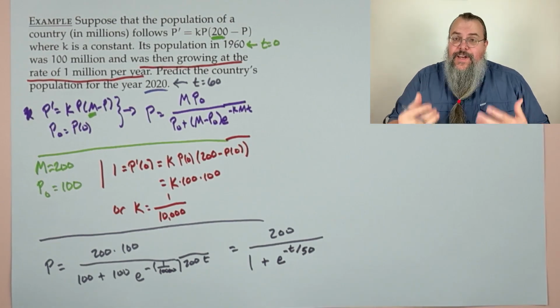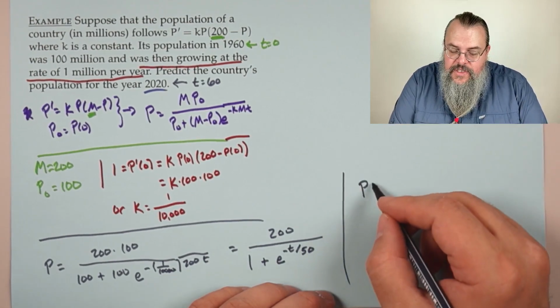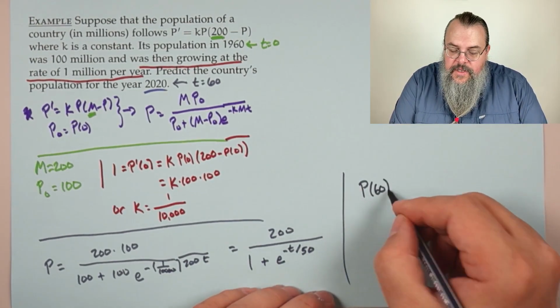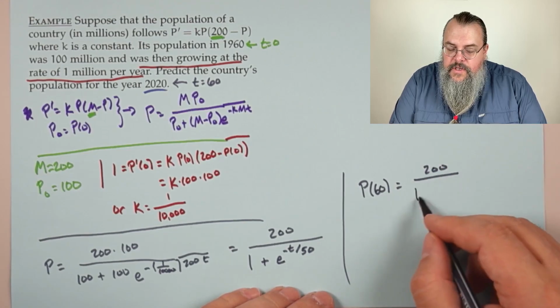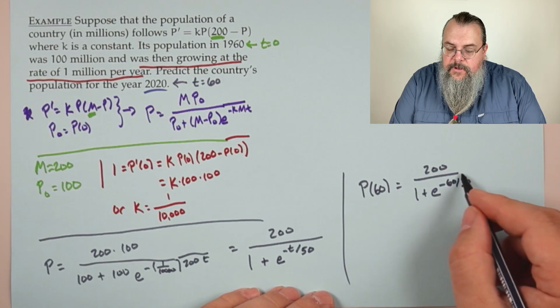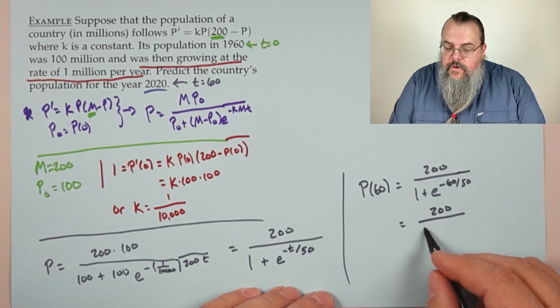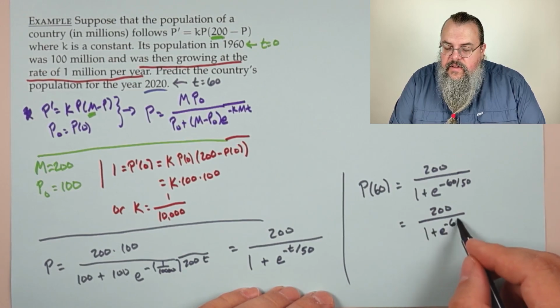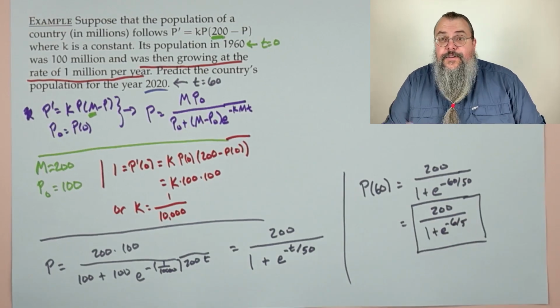Now we plug in t equals 60, and what do we get? Well, our population in the year 2020 is 200 over 1 plus e to the minus 60 over 50, which will be 200 over 1 plus e to the minus 6/5. And that's the answer.